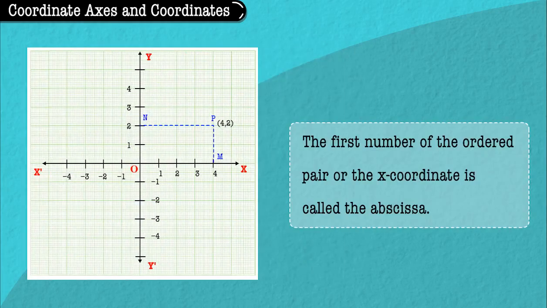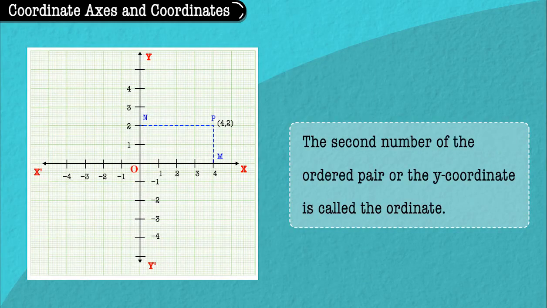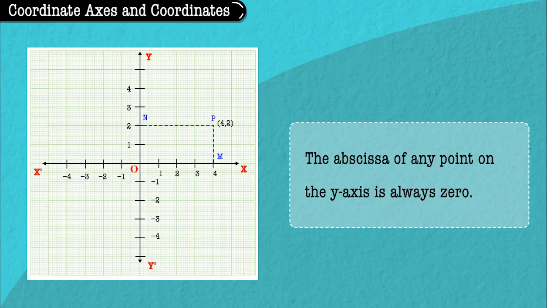The first number of the ordered pair, or the x-coordinate, is called the abscissa. The second number of the ordered pair, or the y-coordinate, is called the ordinate. The abscissa of any point on the y-axis is always 0. And the ordinate of any point on the x-axis is always 0.